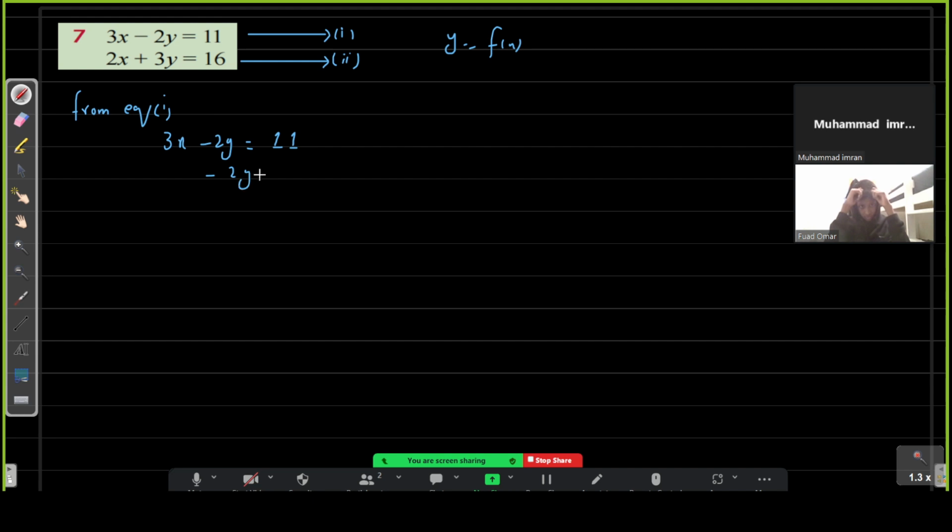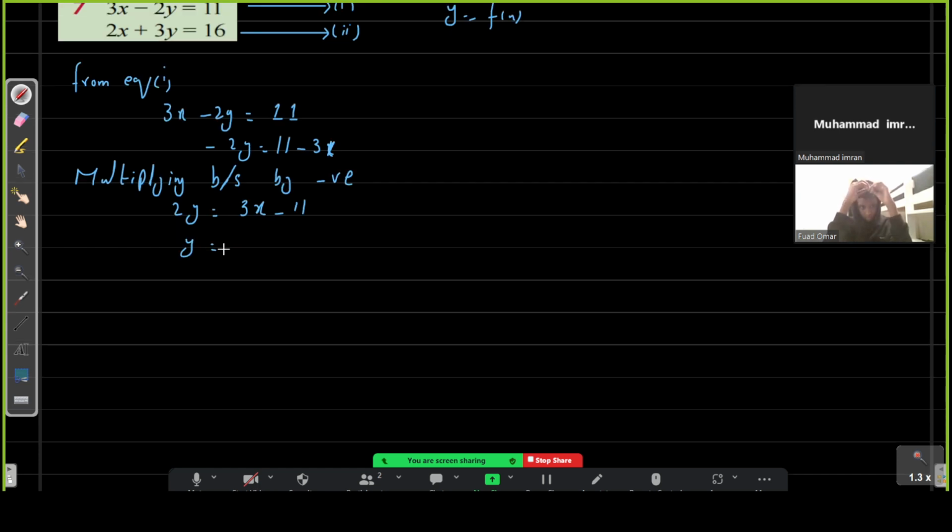So minus 2y is equal to 11 minus 3x. If I multiply this equation with a negative number, then it will be 2y is equal to, so minus 3x will become positive, and 11 will become negative. Both sides are multiplied by negative.